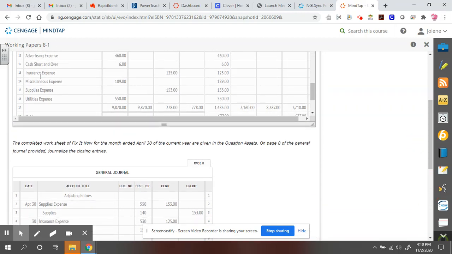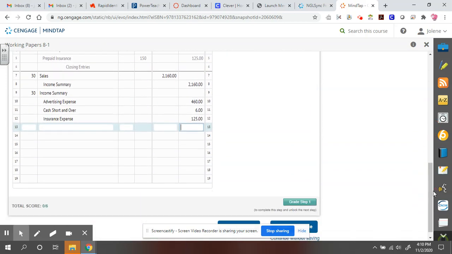Then we have miscellaneous expense for $189.